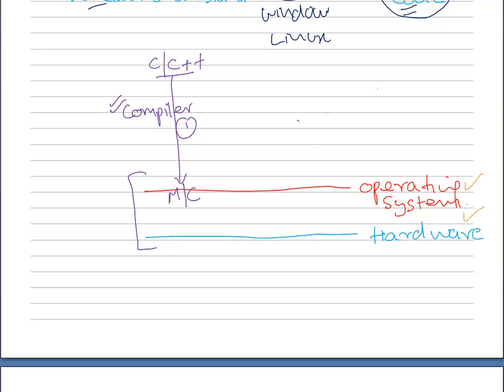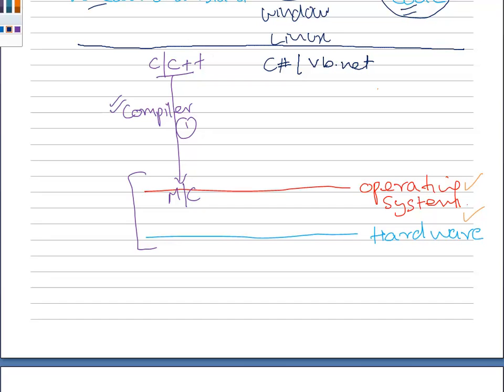Now for programming languages like C# and VB.NET, this is not what the case is. Let me just draw a line over here. They actually do not have any understanding of the underlying system.